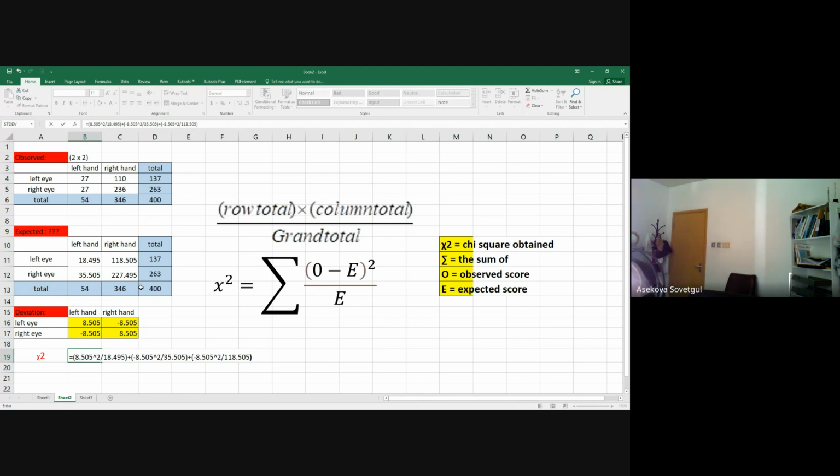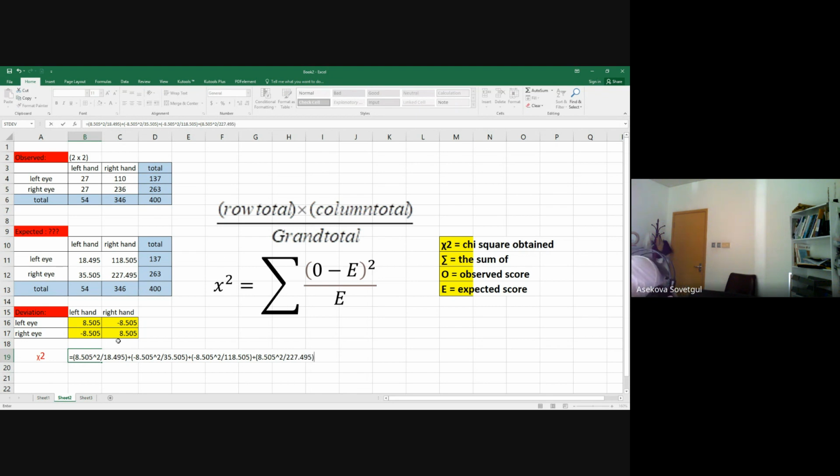And the last one, plus again, I will open the bracket. 8.505 squared divided by 220.495. This is it here.